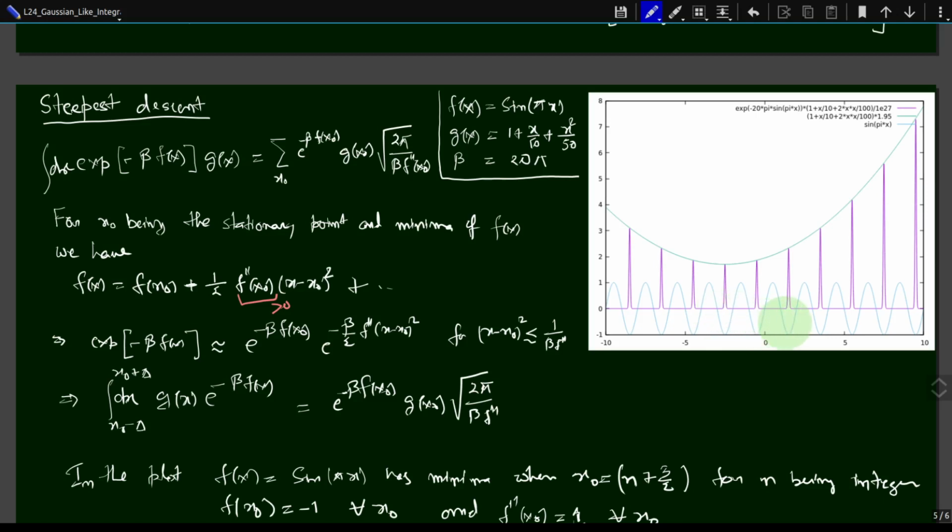Every one step it will be like this. Anyway, it has several minima, and corresponding to each minima, this guy will be large. So this multiple spike function is the function that we are trying to integrate.